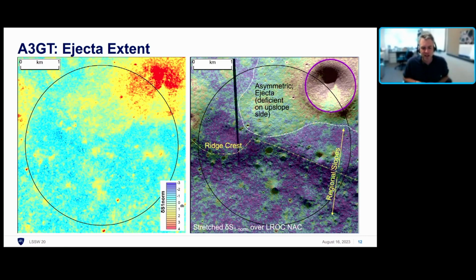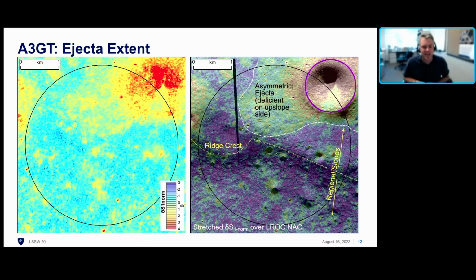But because the radar sees through the upper surface and is also sensitive to changes in grain size variation, the ejecta extent from this crater stands out dramatically in the radar image here. I drew what I would call a diffuse contact between where you would walk on ejecta and where you wouldn't have as much ejecta. It really highlights how asymmetric it is.